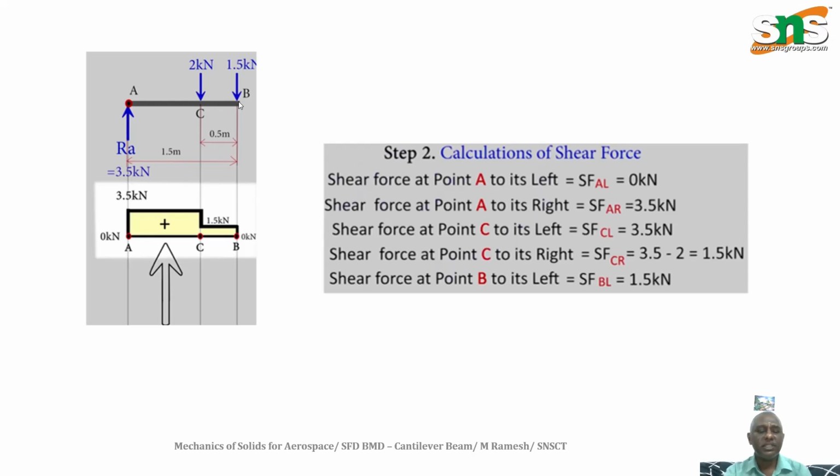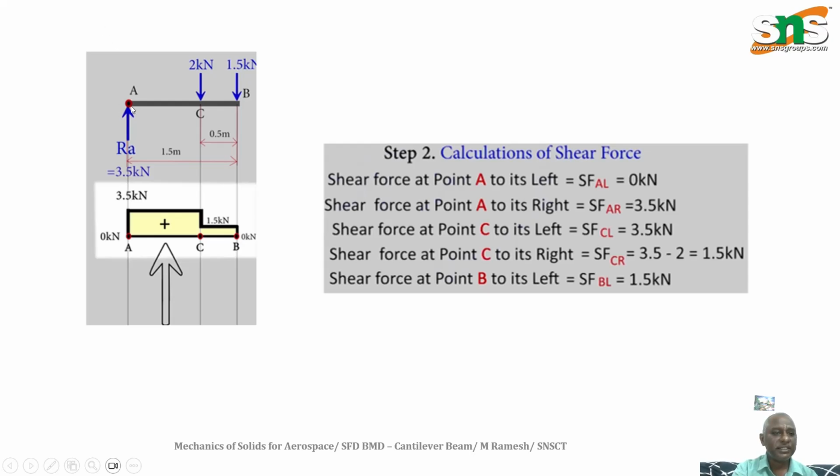Like that, you have to consider the values for the positive and negative sign conventions. Now the shear force at point A, considering from the left side: we don't have any load at all. So from the reference point you look at the left side alone, and there is no load at all. So the shear force at this point is equal to 0.